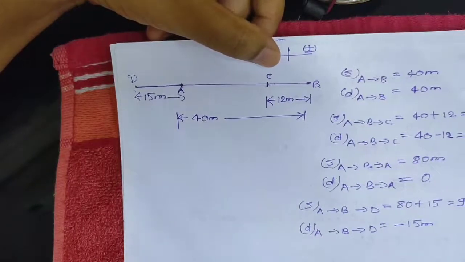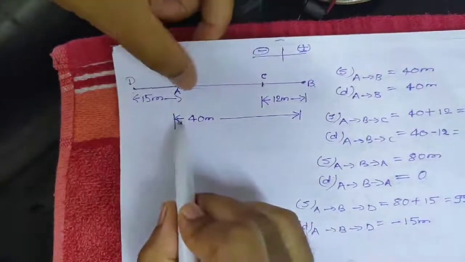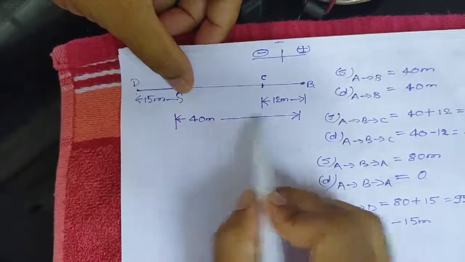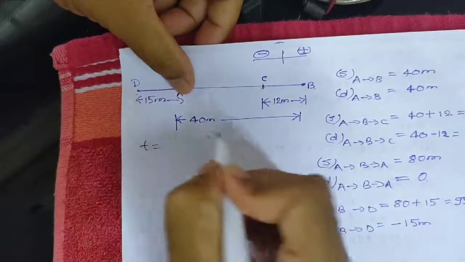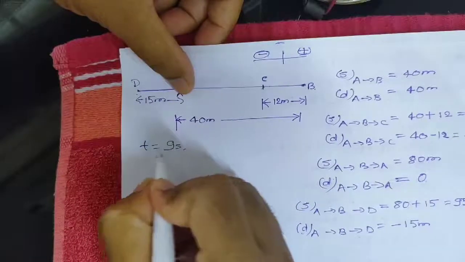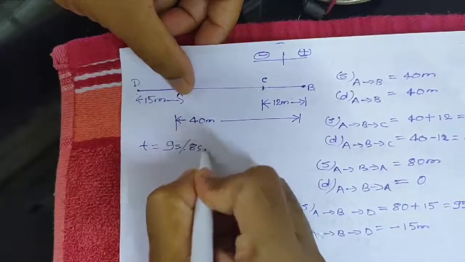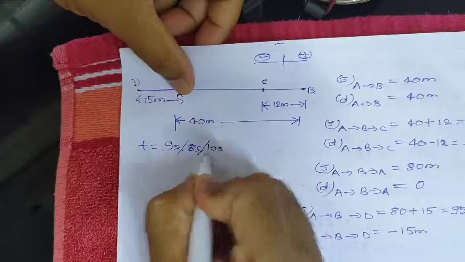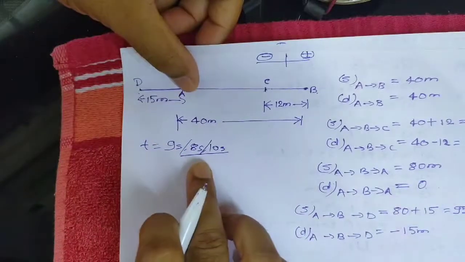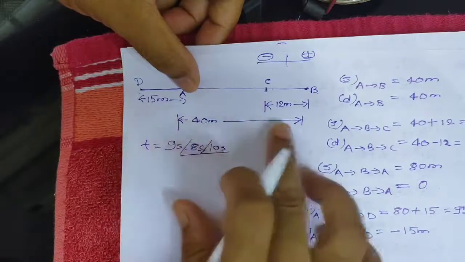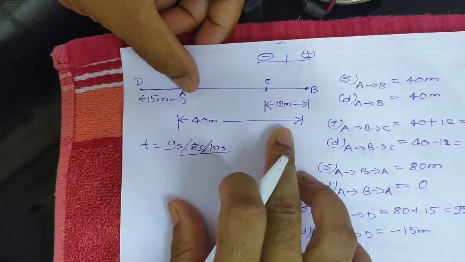For example, I may have covered this 40 meter distance in a duration of say 9 seconds, or maybe 8 seconds, or maybe 10 seconds. I must have spent some time duration in order to cover this 40 meter, right?